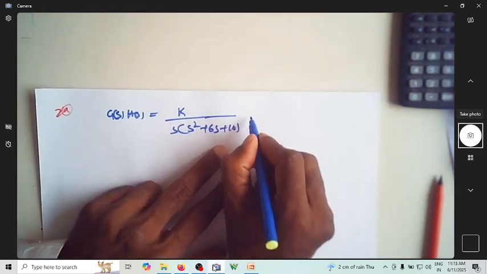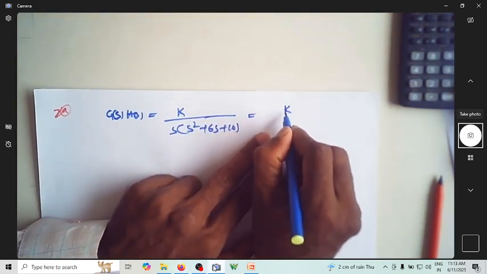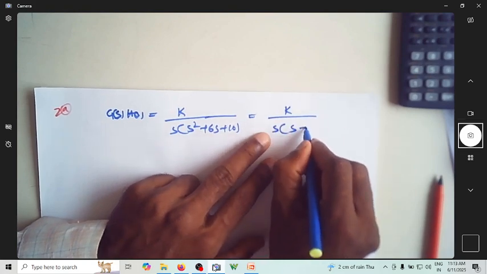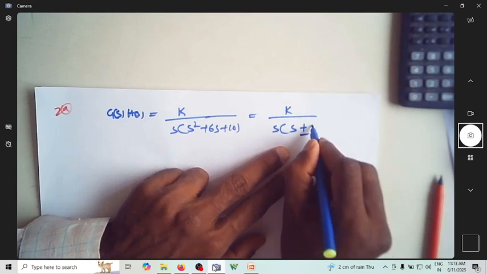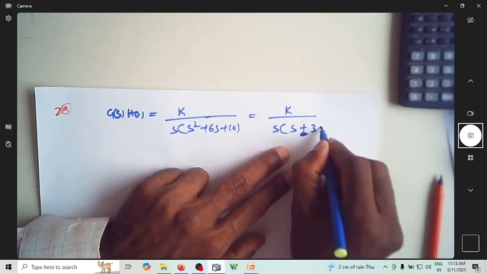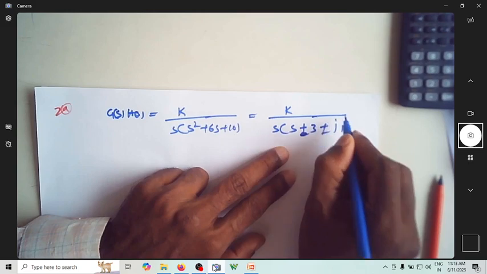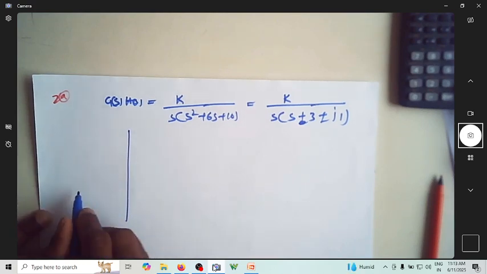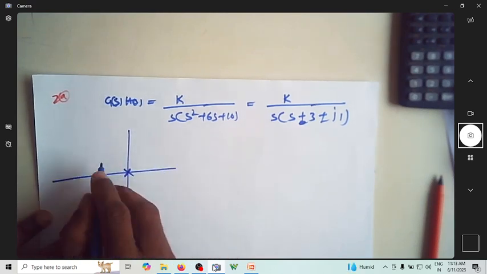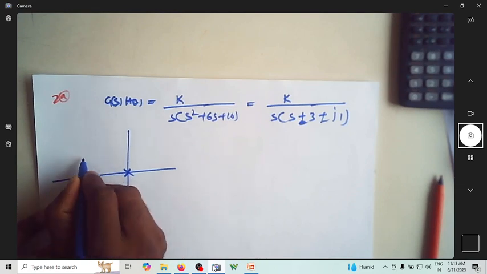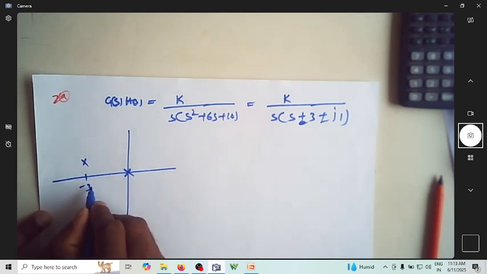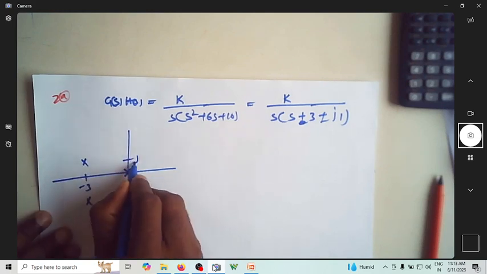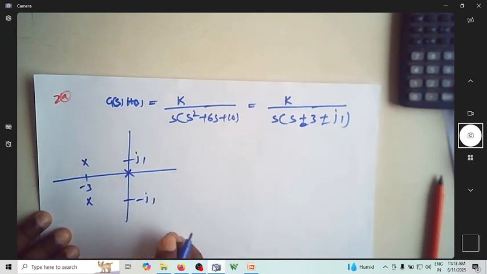If you actually find the roots of it, it will become K by s into s plus 3 plus or minus j1, s plus 3 minus j1. So I have a pole at the origin, one at minus 3 plus j1, and one at minus 3 minus j1.